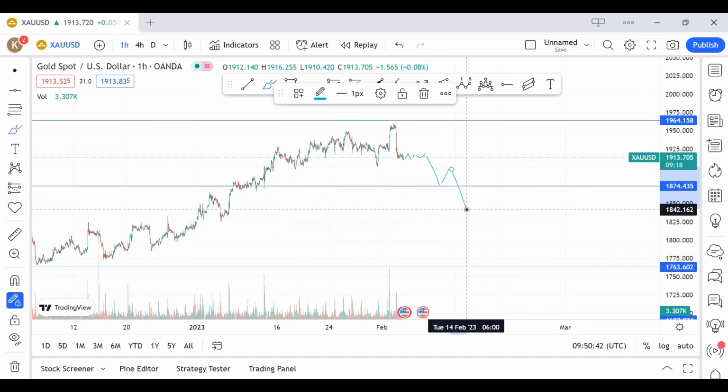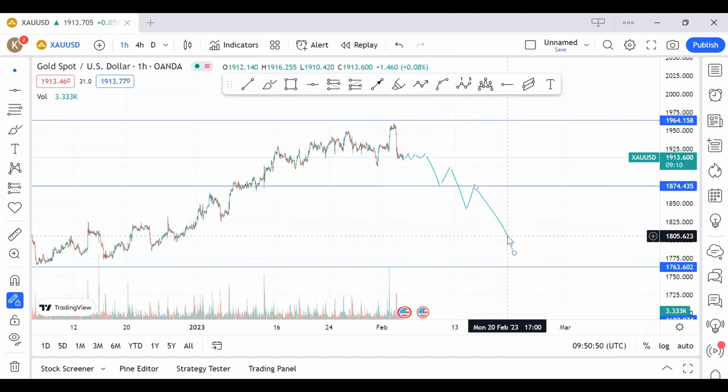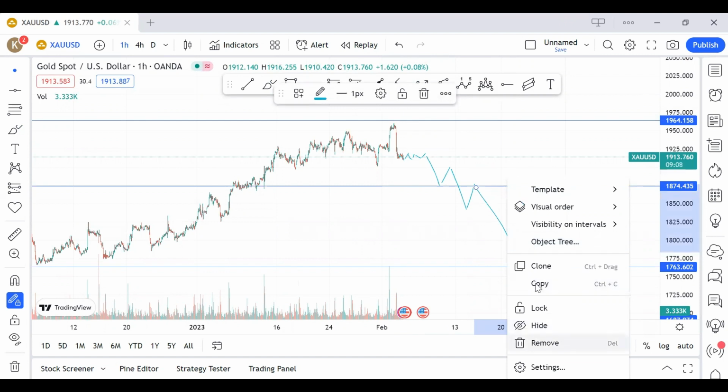Test, impulse, test, shoot to the downside. This is what I'm seeing the market doing. This is what I'm seeing gold doing.